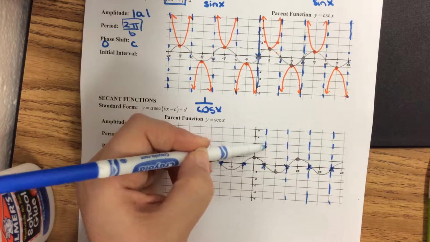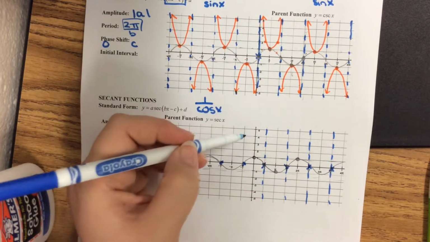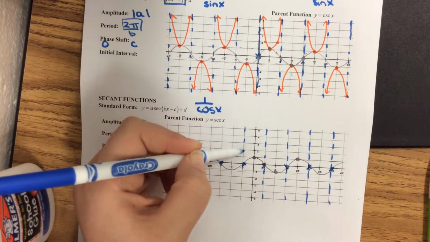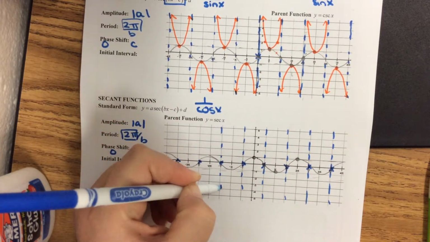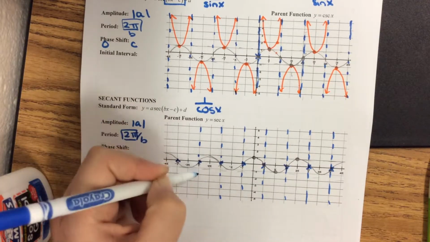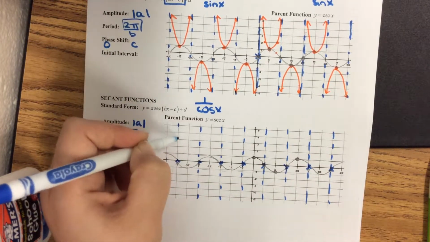Remember, the difference between sine and cosine is a phase shift. So the difference between secant and cosecant is also going to be a phase shift. The graphs are going to look really similar. It's depending on where those maxes, mins, and zeros are.